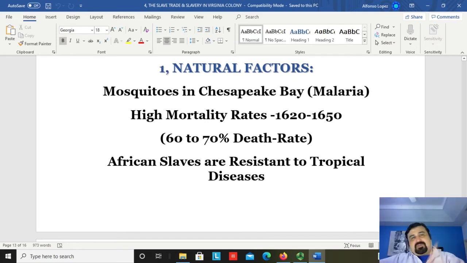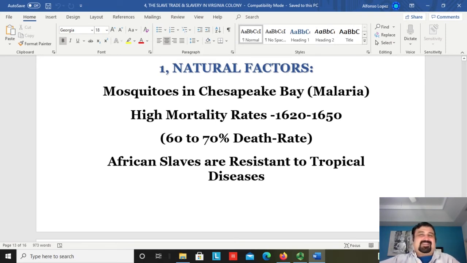So when the indentured servants arrived at the Chesapeake Bay, they were confronted with the virus that those mosquitoes carried, back in this time, as in the ancient world. The virus that was very lethal, that mosquitoes carried, was malaria. Malaria will give people high fevers and chills, and they will die within days.